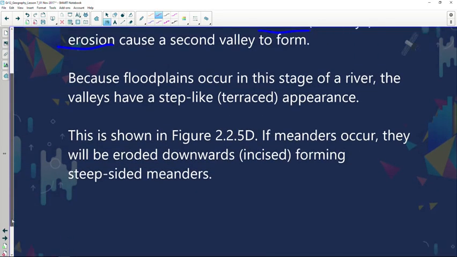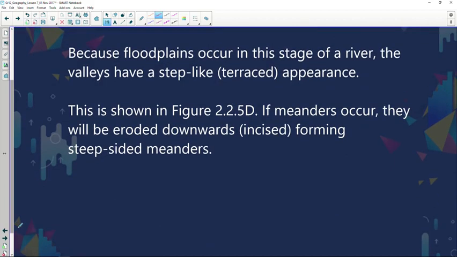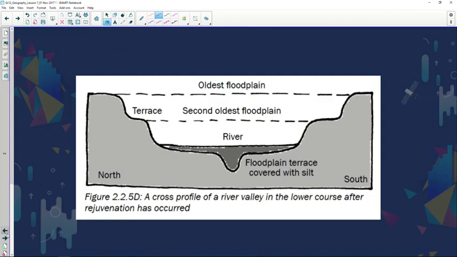Now, because of the floodplain that develops, if you look at the river from the side, this is the lower course. Now, this used to be the old floodplain. It means when the river is in flood during rainy season, what happens? The water level rises. And then just before that, this was the second oldest floodplain.